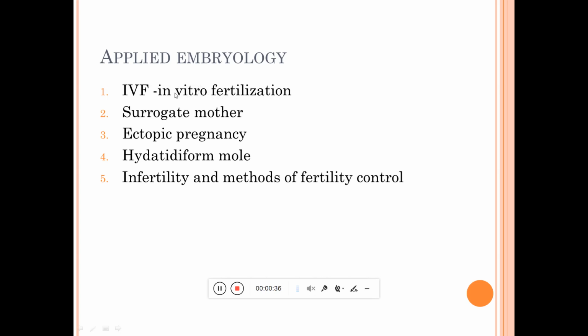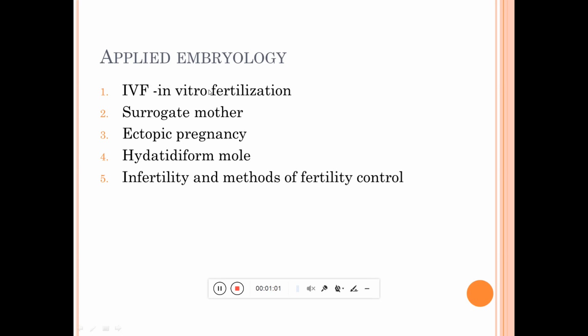Sometimes in females, particularly due to a block of the uterine tube, ovulated ova cannot reach the uterus, and these females suffer from infertility.